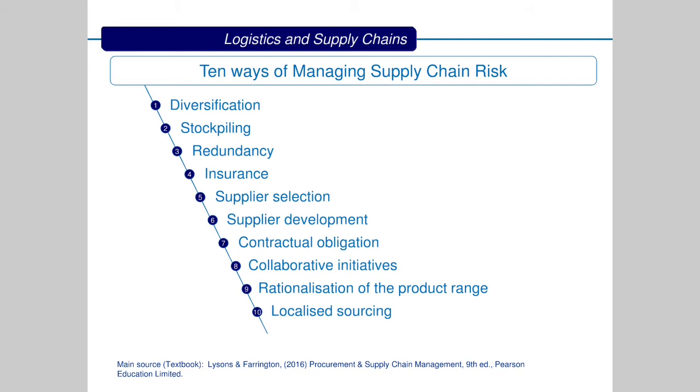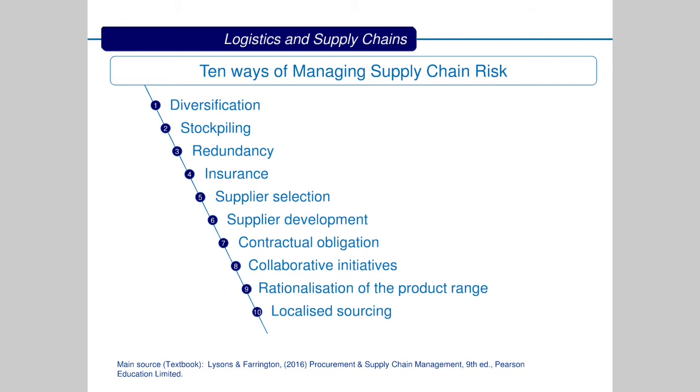Supplier selection: by carefully selecting the supplier, organizations can minimize the risks. Supplier development: by developing the supplier also, organizations can minimize the risks. Contractual obligations: sometimes they write clearly in the contract when they buy something from suppliers that you have to do these things, it's your liability.